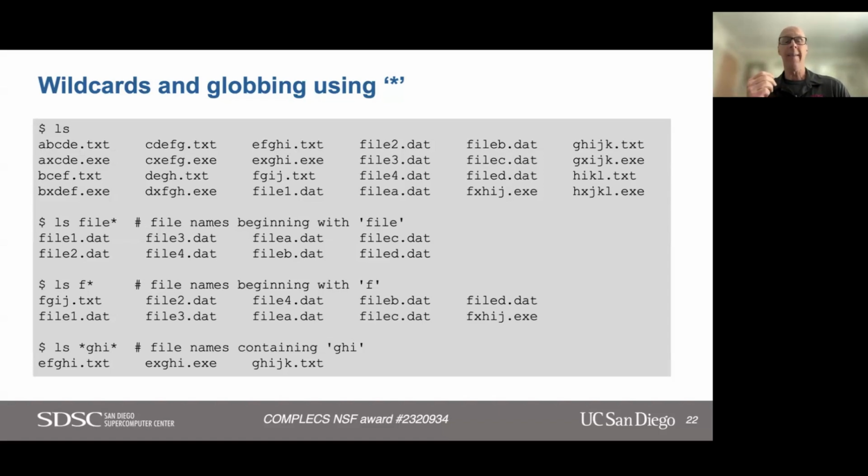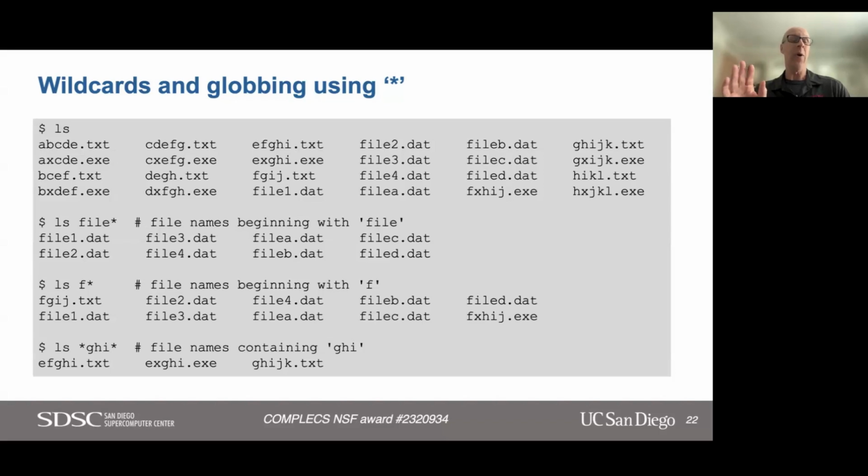Now, if we wanted to list all of the files that began with an F, we could use ls f star, and now you're going to see, in addition to file1 through file4, fileA through fileD.dat, that we also picked up some additional files, such as fghij.txt, fxhij.exe.